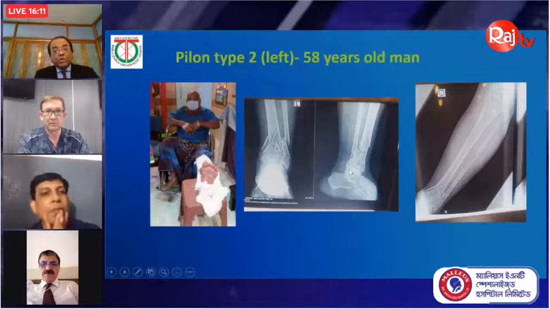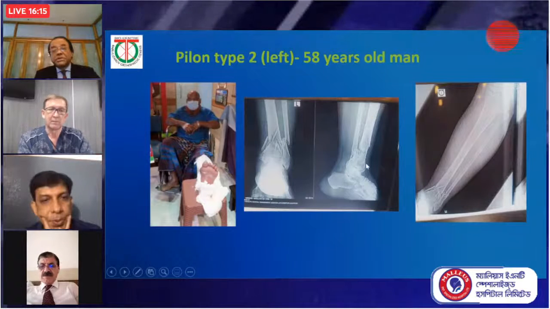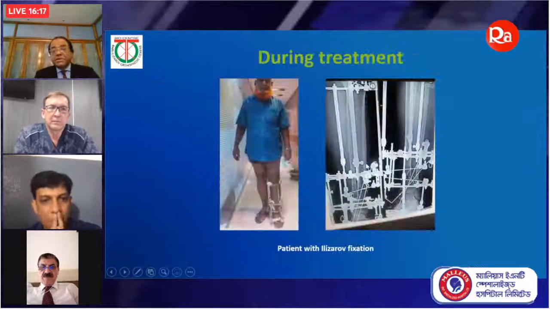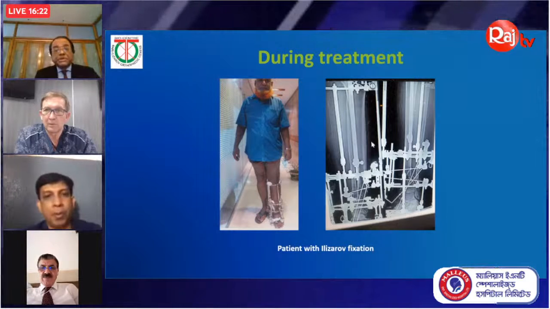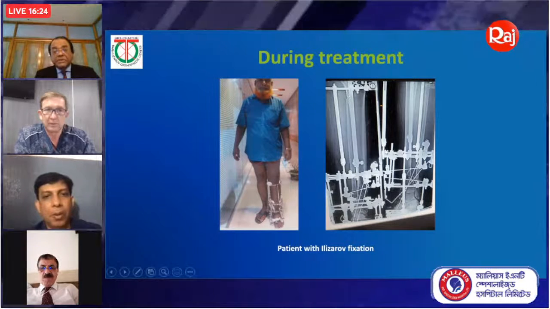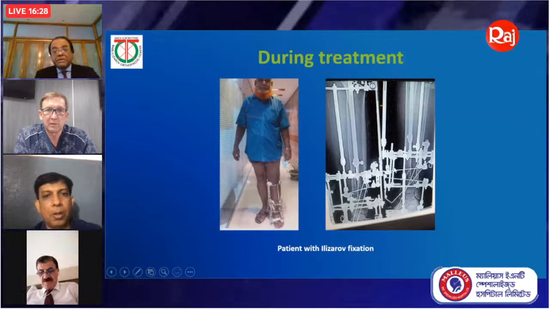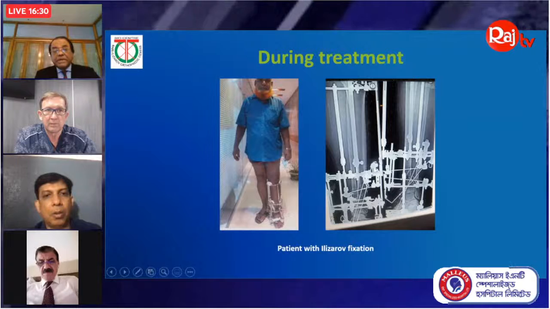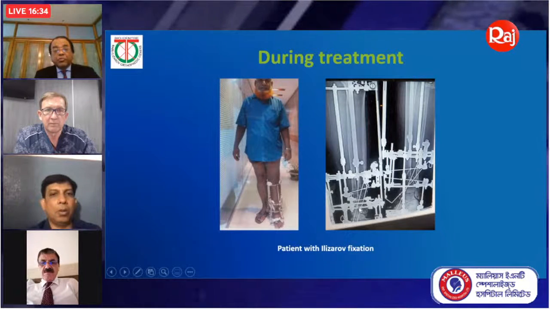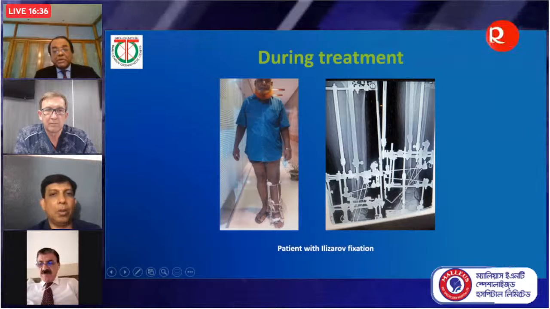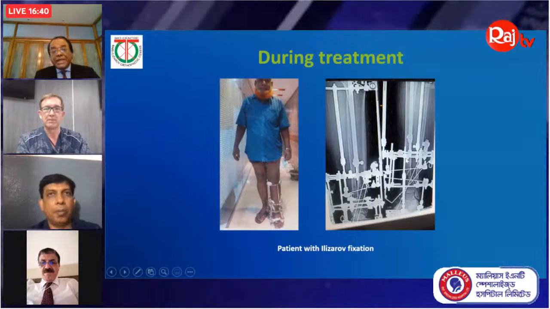Again, you can see here the three views of the X-rays, and then we reduced it with the Ilizarov apparatus and fixed it with olive wires from the medial side and from the lateral side, and two rings, one in the proximal, one in the lower one third, and we have reduced it, and you can see the axis is almost normal.